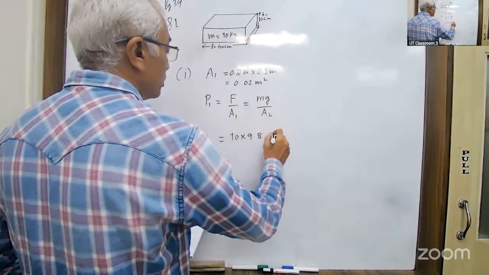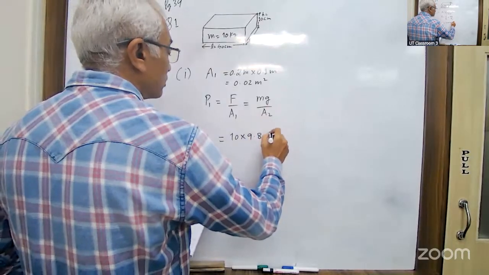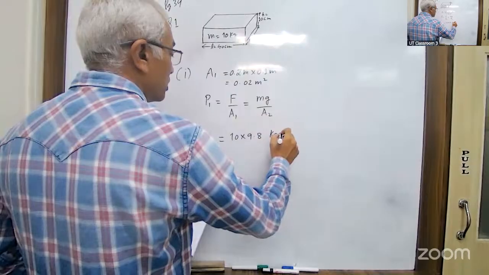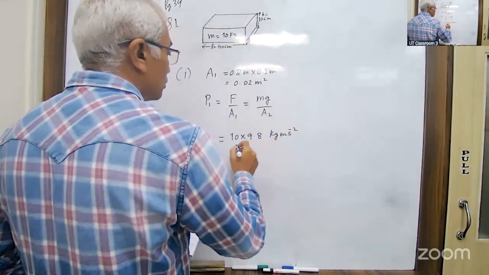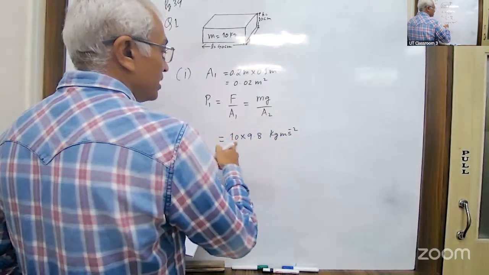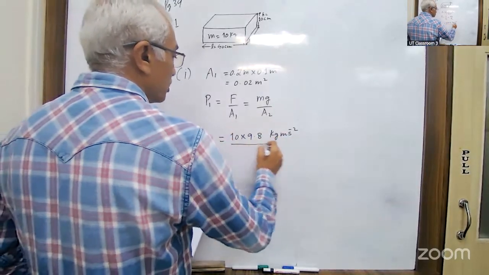So this is Newton or kg meter per second square. So that's the force. 10 kg and 9.8 meter per second square, divided by area.